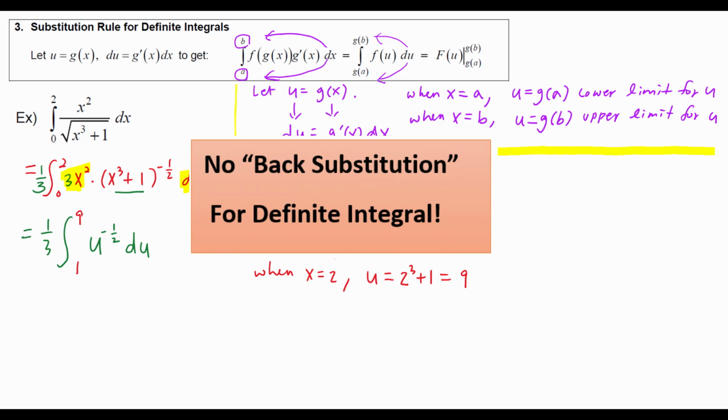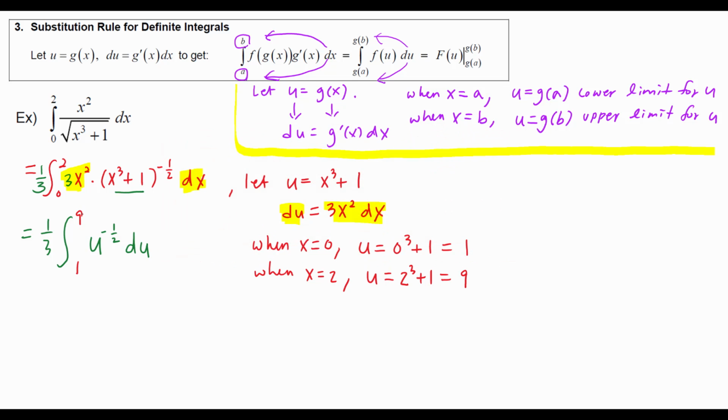So no back substitution. You already changed everything in terms of u, and the limits are now for u. So all I have to do is integrate this and plug in those values, and that would be u to the negative half power. When you integrate it, you gain 1 power. So negative 1/2 plus 1 is positive 1/2, and the reciprocal will be 2, so 2 times u to the positive 1/2 power, and I'm going to evaluate from 1 to 9 here.